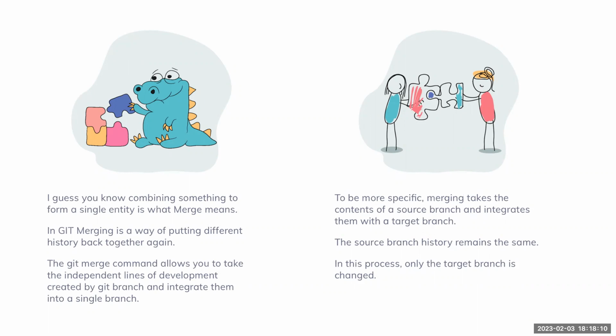We were talking about different branches having different code, but who will combine it? This git merge is going to do that operation. Git merging is a way to put different histories back together again. The git merge command allows you to take the independent lines of development created by branches and integrate them into a single branch.